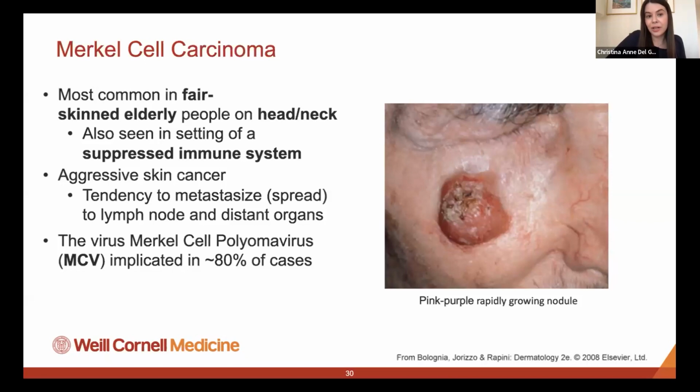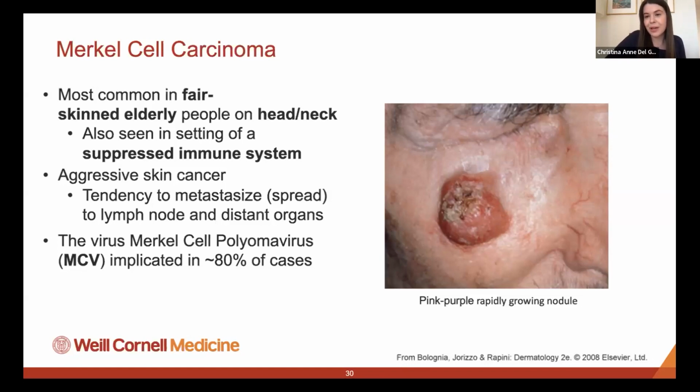It is a very aggressive skin cancer, unlike basal cells and squamous cells, which are not as aggressive, meaning Merkel cell carcinomas have a tendency to spread to lymph nodes and other organs. And interestingly, we've figured out that Merkel cell carcinoma is actually caused by a virus, the Merkel cell polyomavirus, in about 80% of cases.